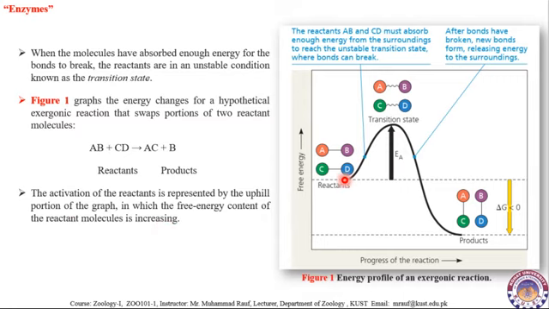So here, if you want those stable molecules to come into an unstable state, then you will have to provide that activation energy. Now, once this activation energy breaks the bonds, then the energy will be released to the surroundings, and once again the products will come to an even lower energy state than the reactants.